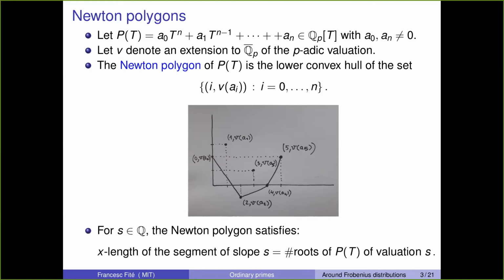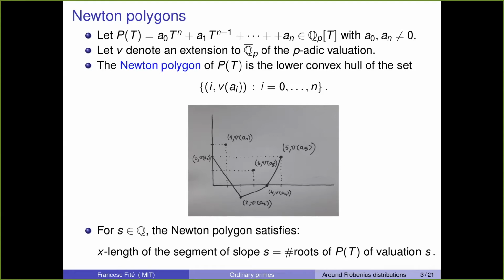The key property that you need to keep in mind in this talk about the Newton polygon is that the x length of a segment of the Newton polygon which has a rational slope s is the number of roots of the polynomial which have valuation s.